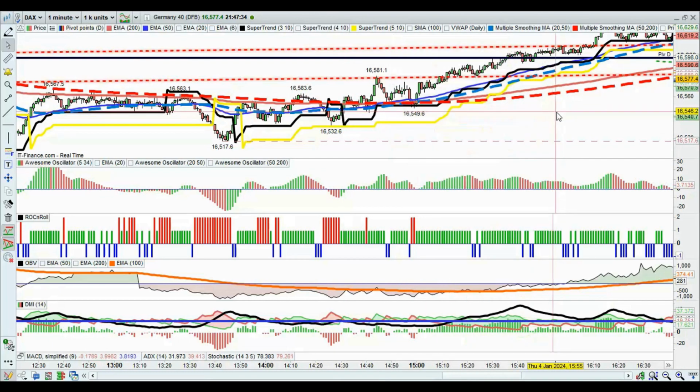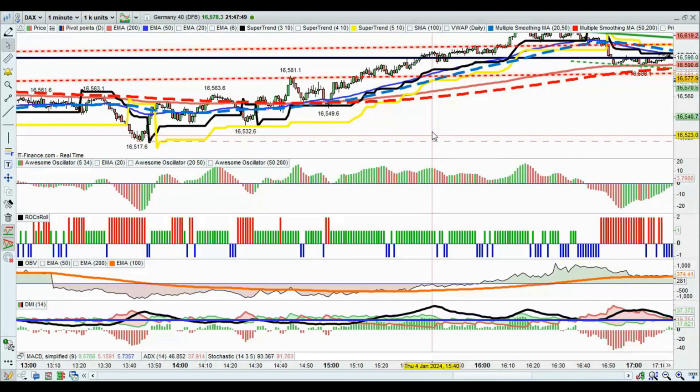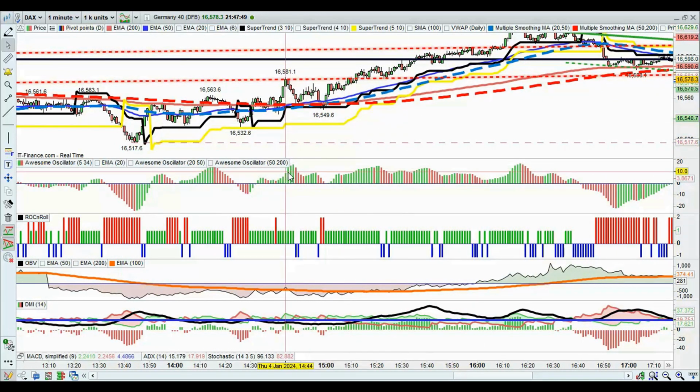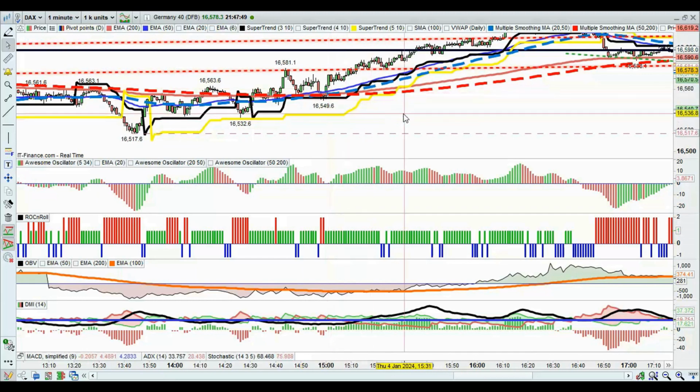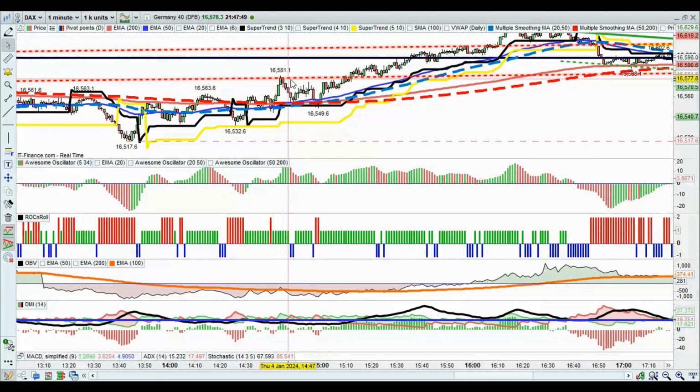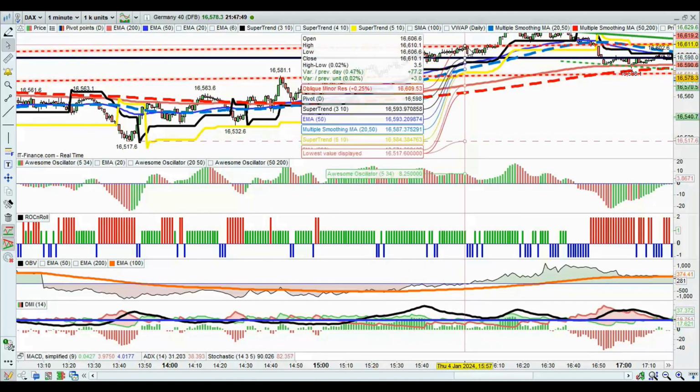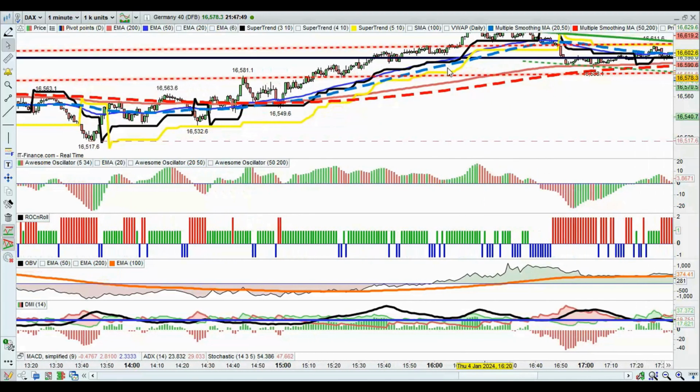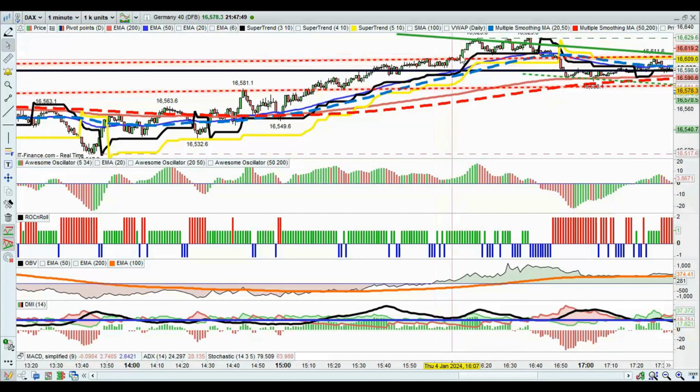And then, as you can see, what happens next, the DAX starts to climb, and it starts to make higher highs. Okay, little pullback there, it's made a higher low than here, and then a high again, slight pullback, and then another high again there, and then it just has a few resting candles, and then off she goes again.